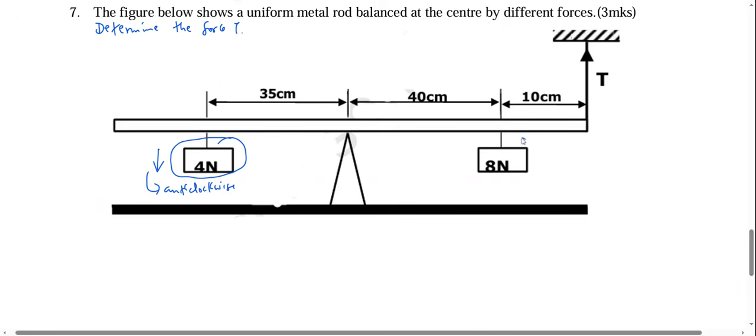We have the 8 Newton acting in a clockwise direction, but still it is a downward force. And we have an upward force, which is the tension. The tension here is acting in anti-clockwise direction.